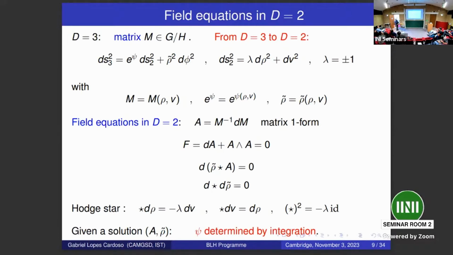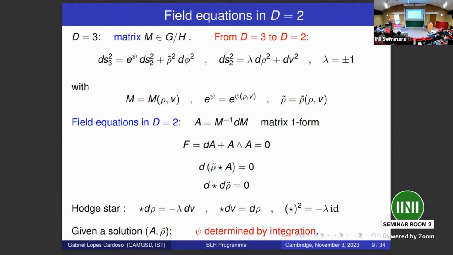So this is a matrix whose components are one-forms in rho and v. And since this matrix is a Maurer-Cartan form, the associated field strength is 0, and the equation of motion for M takes this form here.